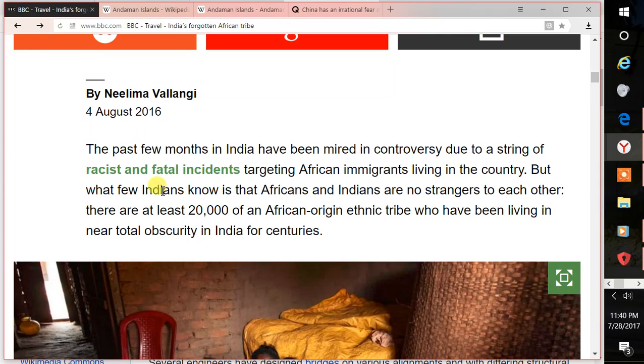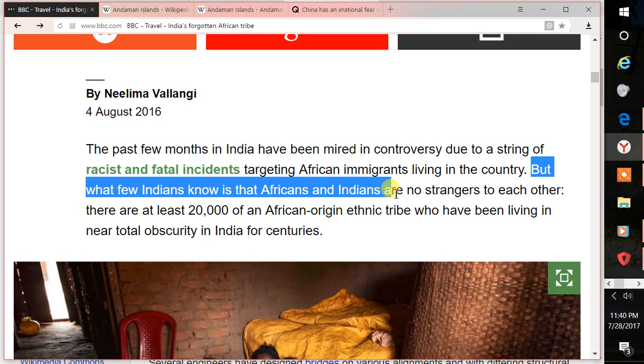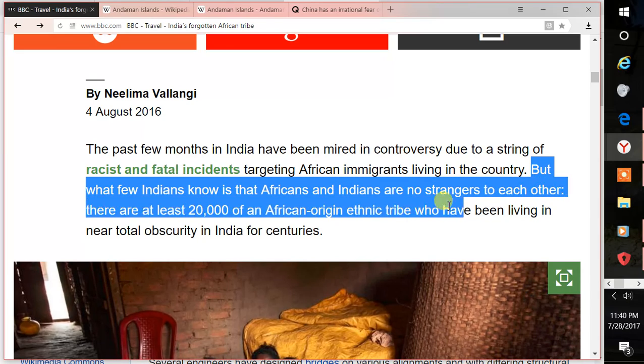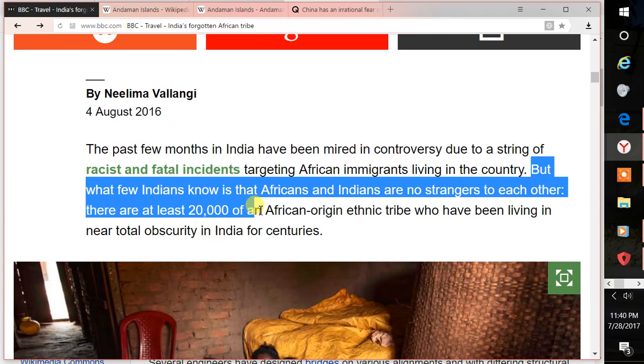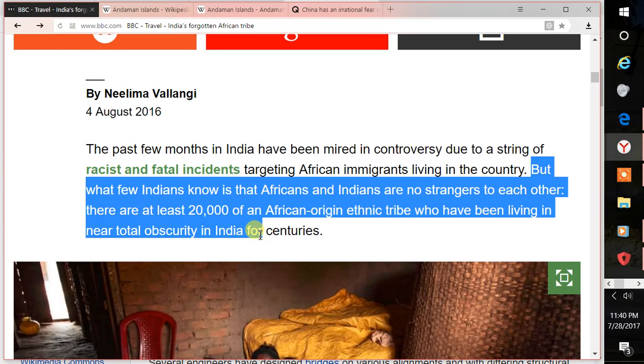But what few Indians know is that Africans and Indians are no strangers to each other, that at least 20,000 of an African origin ethnic tribe have been living in near total obscurity in India for centuries. Can you believe the nonsense these people tell you? The lies that they tell you. They tell you these people are African, but they've been living in India for centuries?